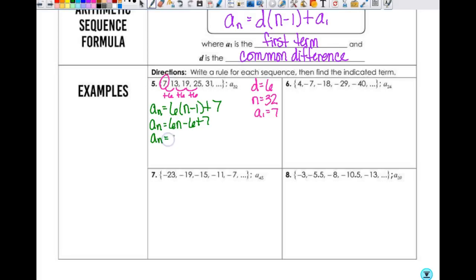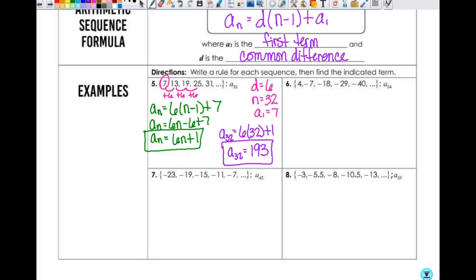A sub n equals 6n plus 1. So there's my rule. That's my explicit rule, not recursive. But then I want to find A32, so A sub 32 is equal to 6 times 32 plus 1. So that gives me 193.